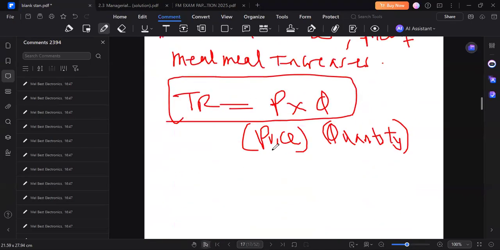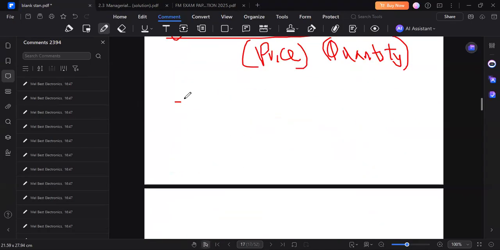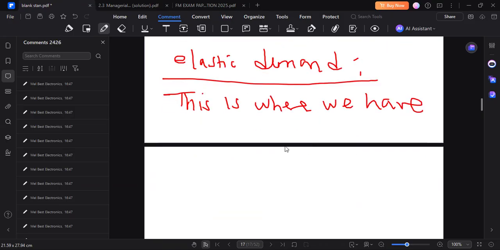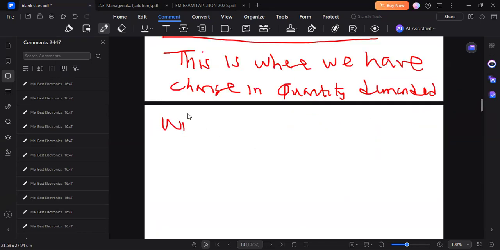Then let's look at elastic demand. This is where there is a change in quantity demanded with no change in price.